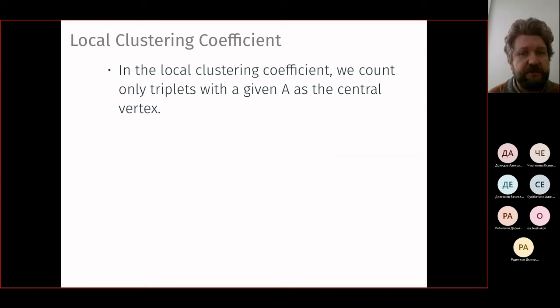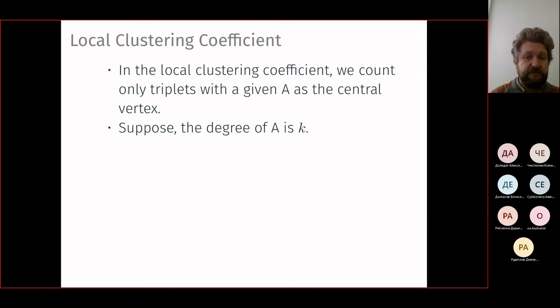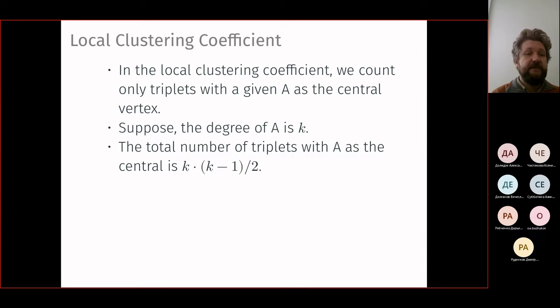Also, there is a local clustering coefficient, where we count only triplets with a given A as the central vertex. Suppose that the degree of A is K, then the total number of triplets with A as the central vertex is K multiplied by K minus 1 divided by 2, right? Because you take vertex A, you take one of the K vertices connected to it, this is B, then you take one of the others, so it's K minus 1, it's C, and you divide by 2 because Bob and Carl are symmetric.